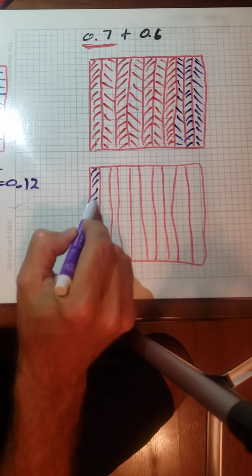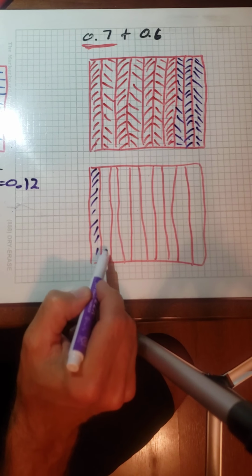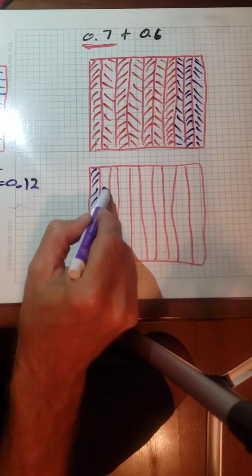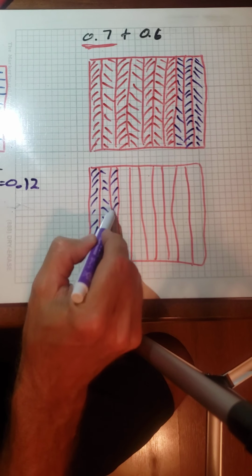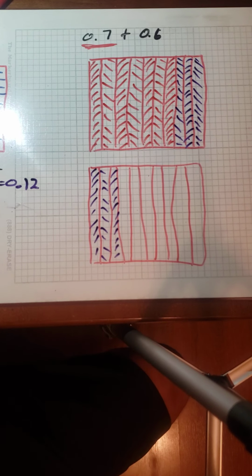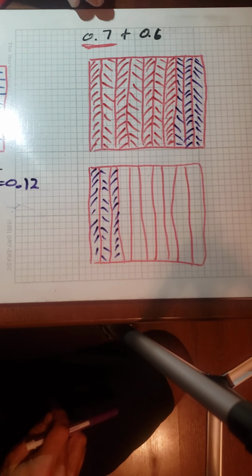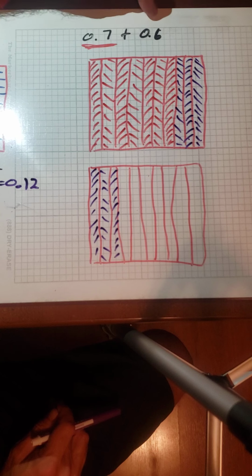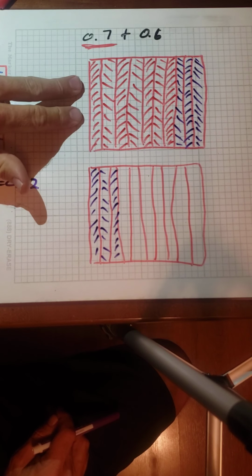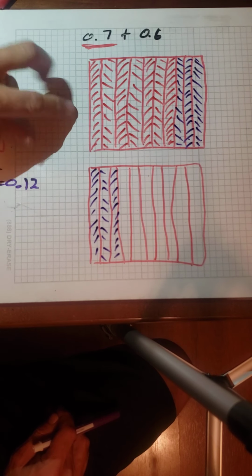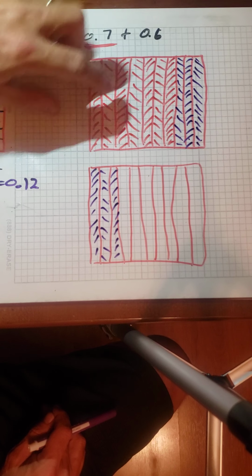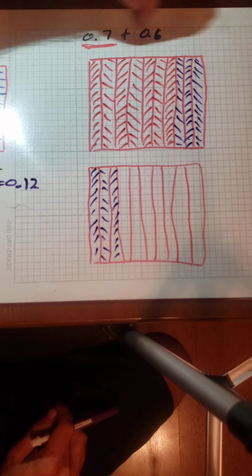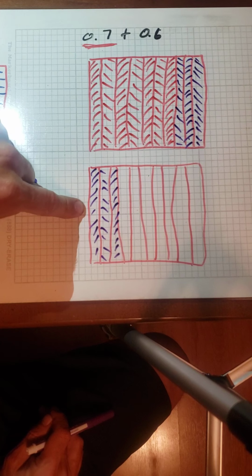So there's 4, 5, and 6. Okay. So now I've shown what I had: 0.7 plus 0.6. And so then I'm going to have a full complete one. So this whole thing is filled in. I have the 0.7 plus 3 more gave me a full one and 3 extras.